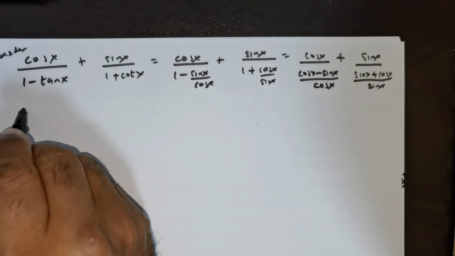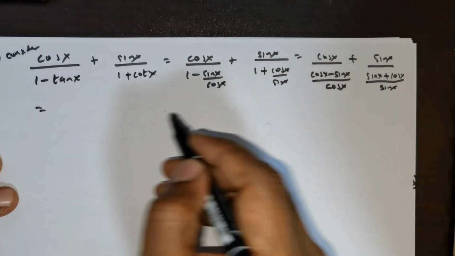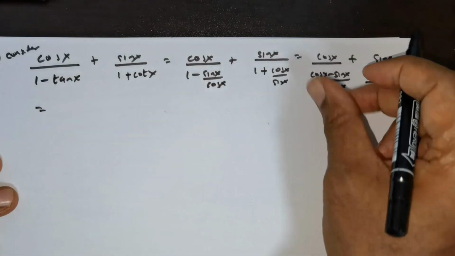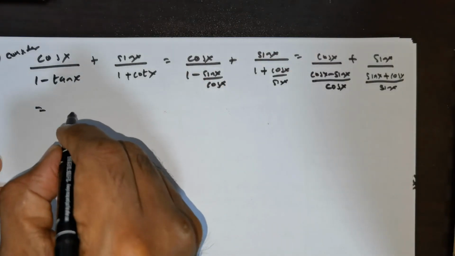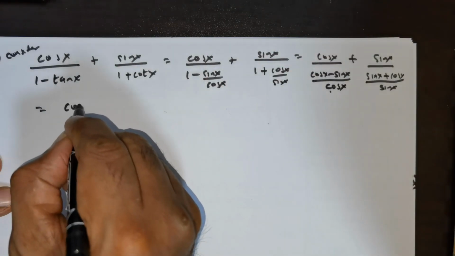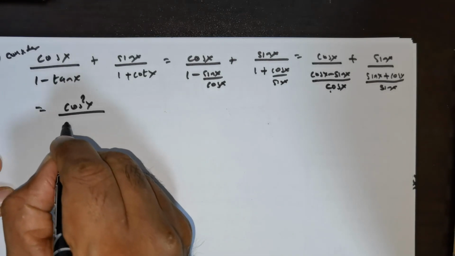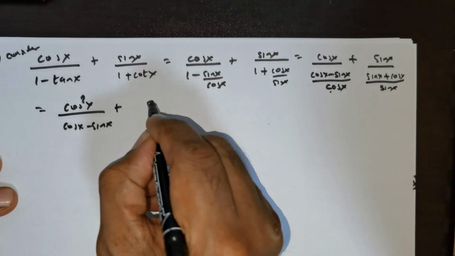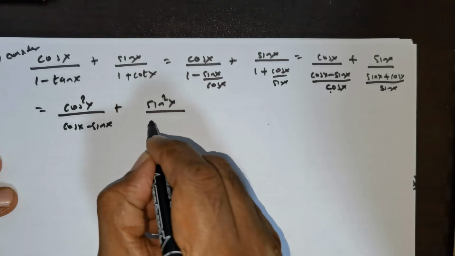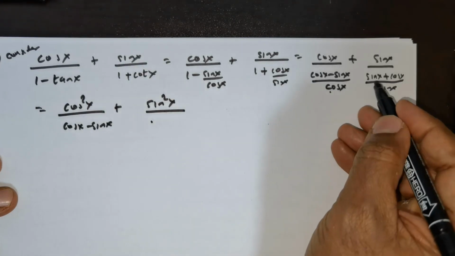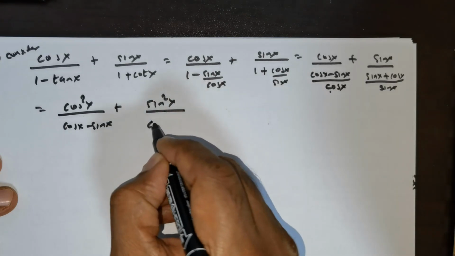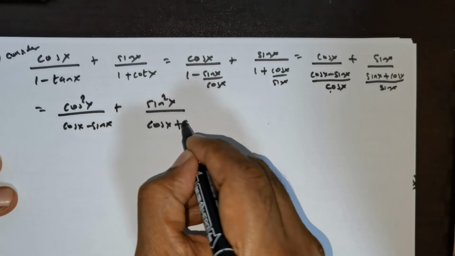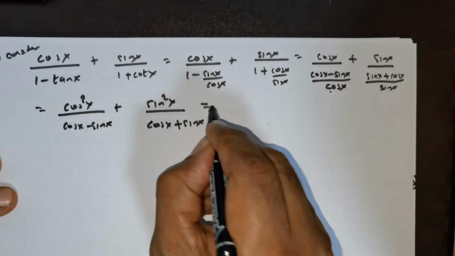So let me rewrite this. If I were to flip this, this will go to the numerator, the denominator cos x. So it's going to be cos squared x divided by cos x minus sin x plus sin squared x divided by cos x plus sin x.